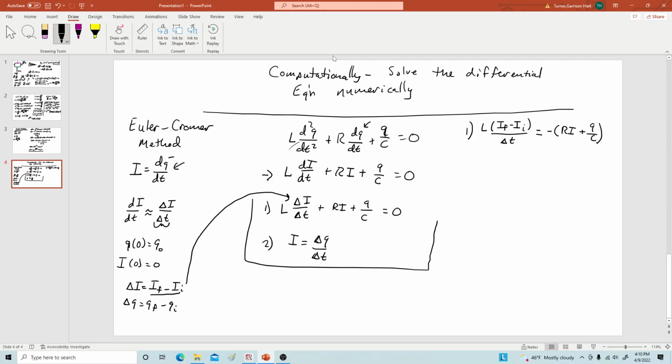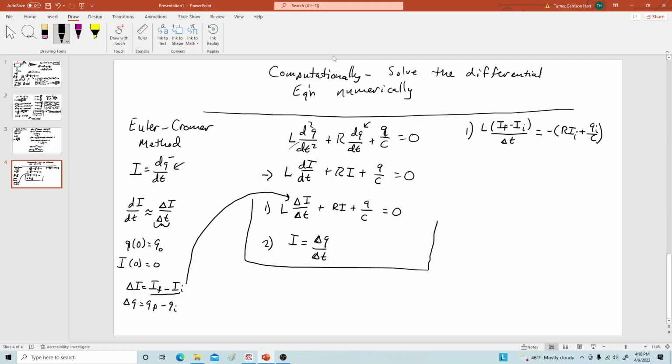Well, in this case, this I represents the same thing as the initial current. Okay, the current hasn't changed yet in this term, so this is going to be the initial current, and my Q is going to be the initial charge.